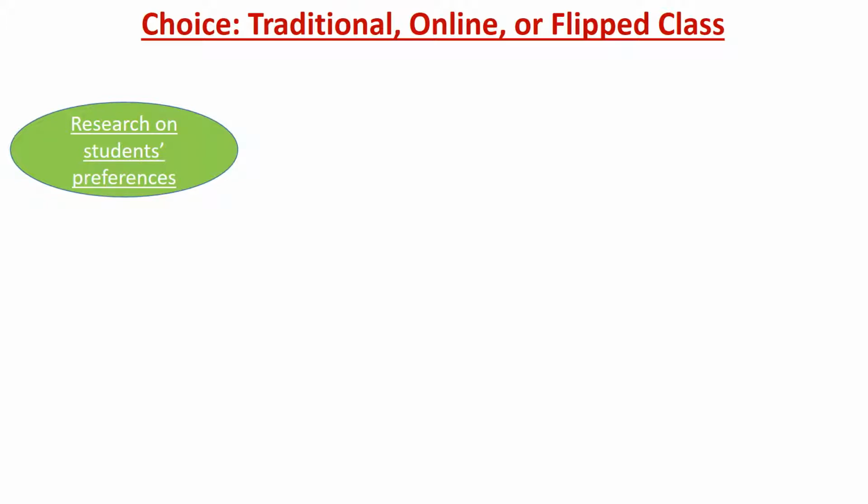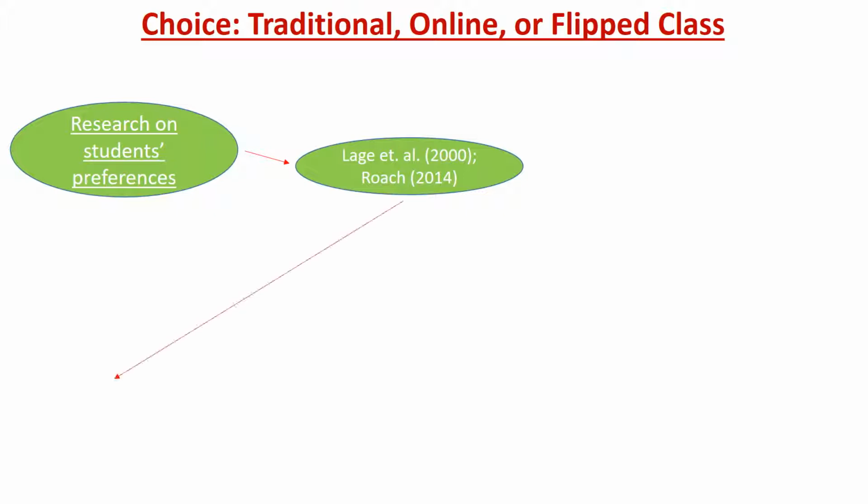As far as research on student preferences go, there has been very little work done. The first paper on this was in 2000, which was very interesting, but then we didn't have the technology we have to create the flipped classroom. And then we have another paper by Roach in 2014, but this paper suffers from various limitations.